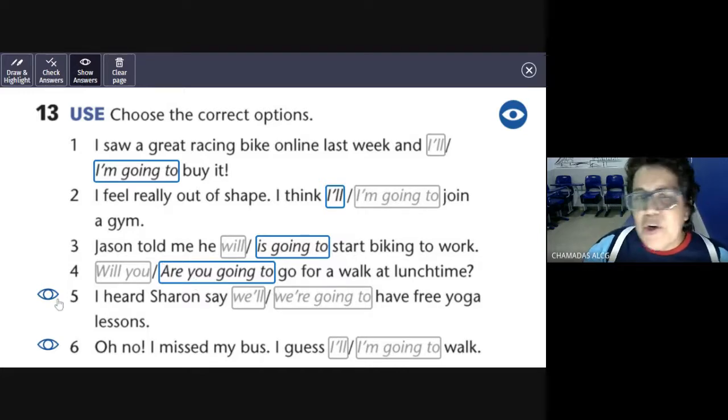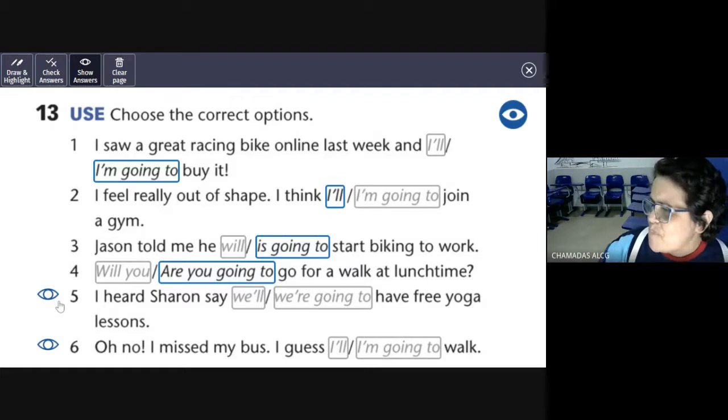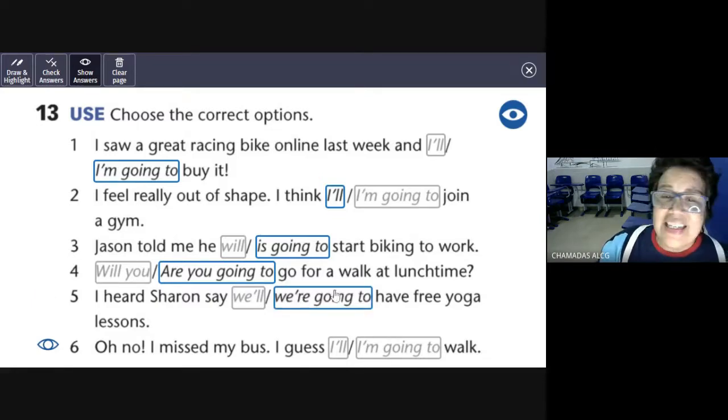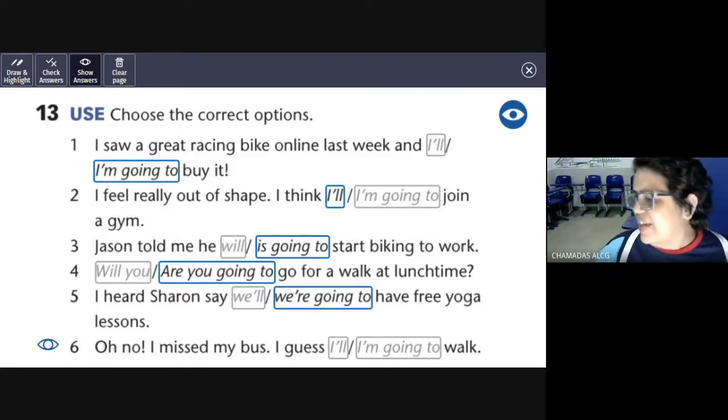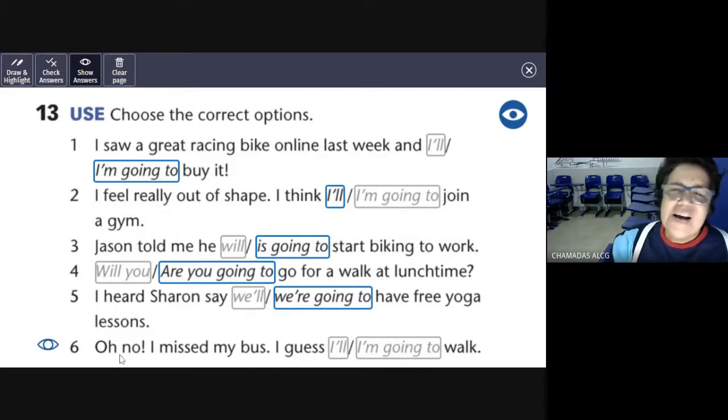Next one. I heard Sharon say, the second again. Yes, it's a decision that has been made previously. Okay. And the last one, Oh no, I missed my bus. I guess I'll go for a walk or I'll have to walk. Okay.